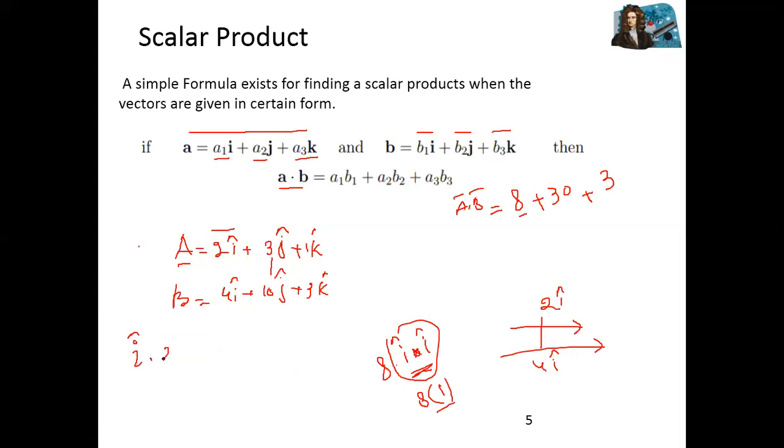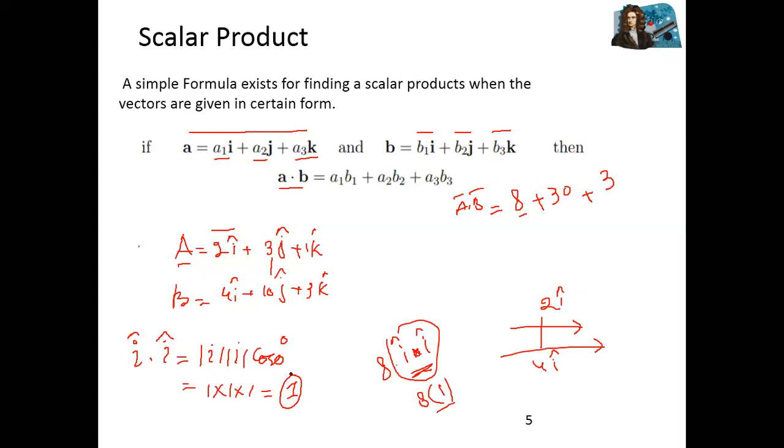A unit vector means a vector having magnitude 1. So i dot i means i magnitude, from the first formula, times i magnitude, these are two vectors, multiplied with cosine of 0 degrees. What is the magnitude of i? 1. What is the magnitude of i? 1. And what is cosine 0? 1. So the result is what?